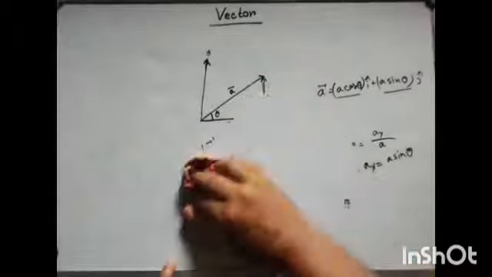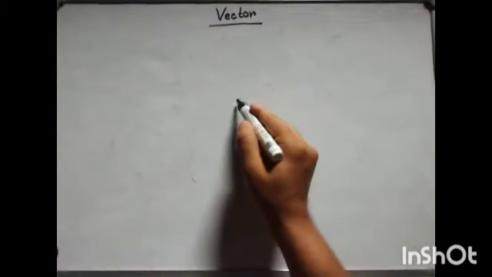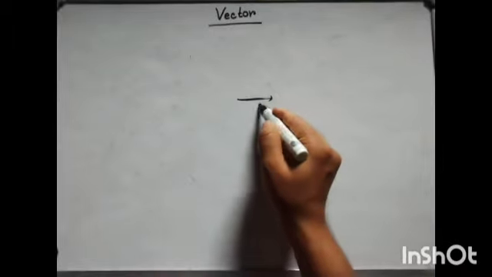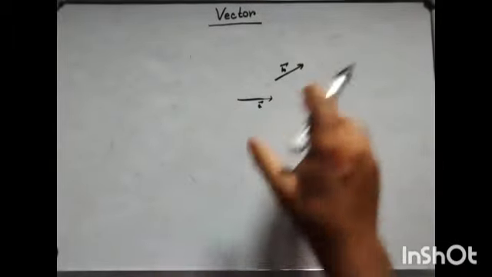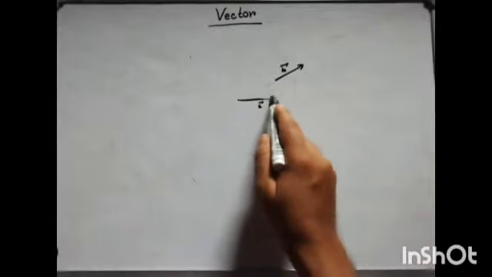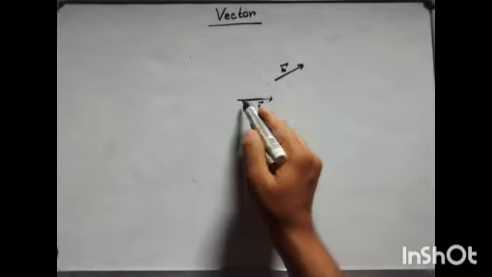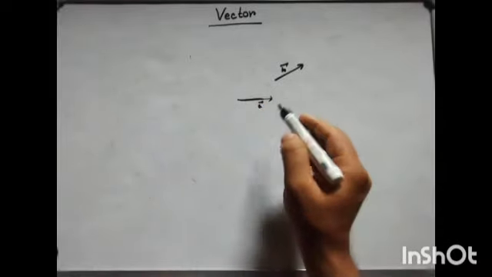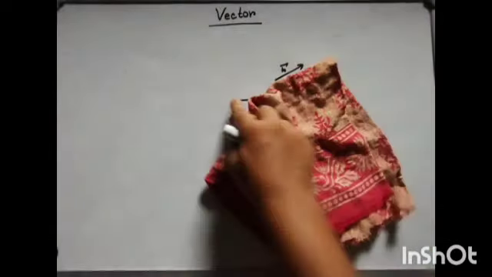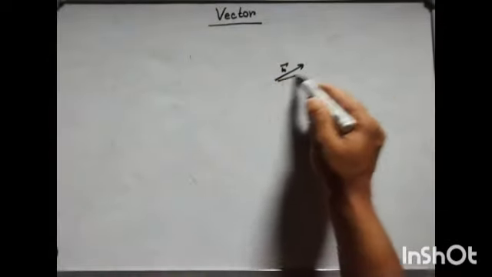Suppose now I have given you the same problem, that add a vector and b vector. So now we will not follow law of triangles or law of parallelograms. Instead, we will break these vectors into components. Suppose a vector is not along x-axis. Suppose say a vector is this axis.